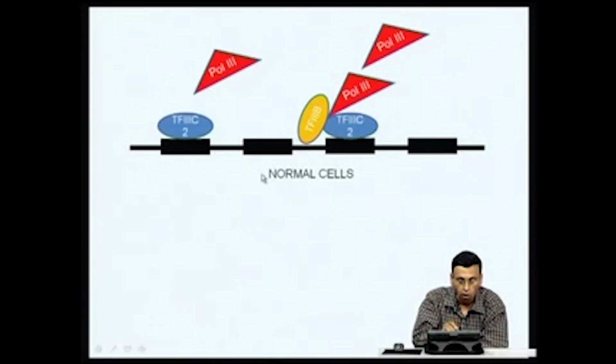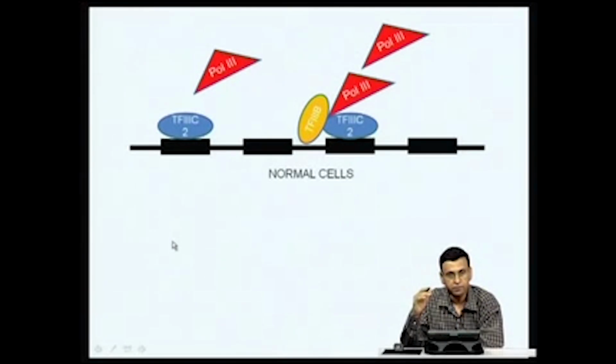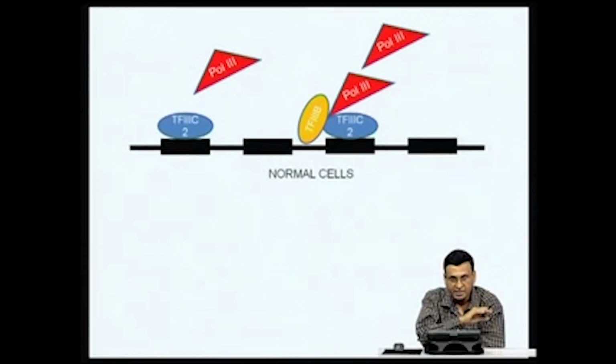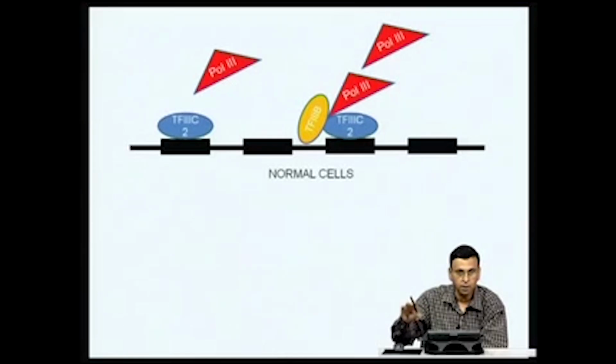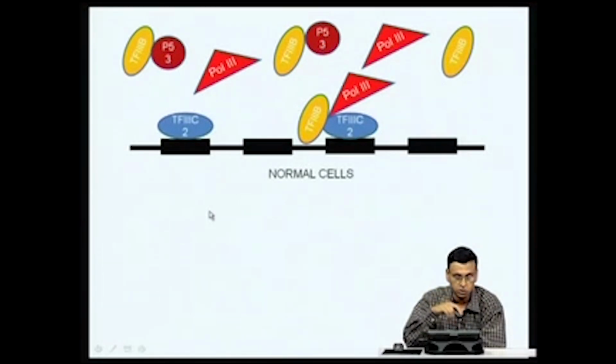Therefore, not all tRNA gene promoters are occupied by these transacting factors, and therefore the level of synthesis of tRNA is not maximal, because the transacting factors do not occupy all the tRNA promoters. Only a certain level of tRNA transcription takes place, and this signifies the normal cell situation.